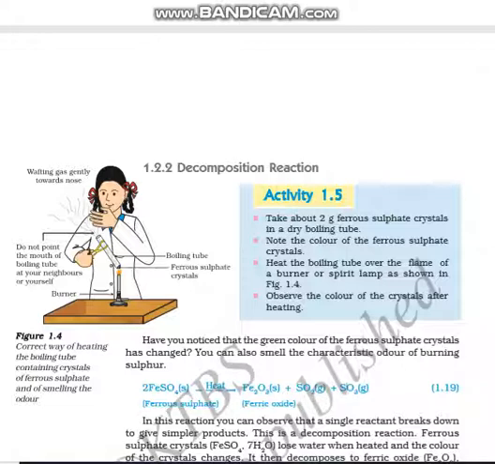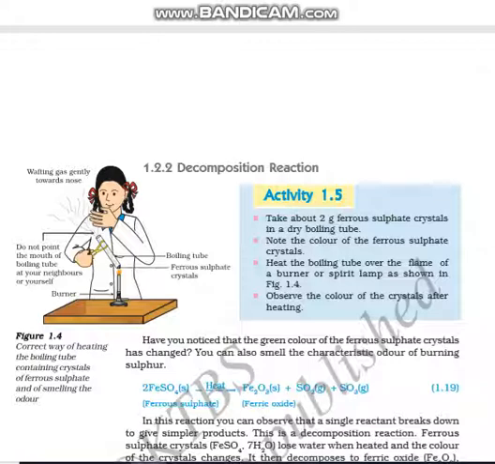Students, this type of reaction is nothing but the reverse process of combination reaction. In combination reaction, what we were doing, we were clubbing, adding, combining, attaching one or more elements, and we were getting a product. But in decomposition reactions, we decompose, we separate, we detach, we remove more than one element from a single compound.